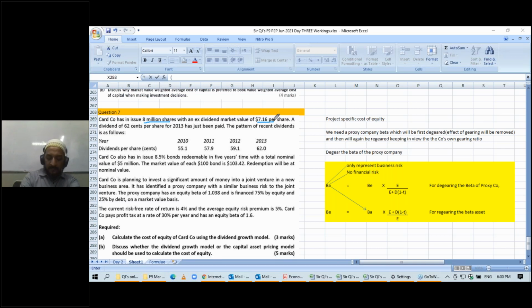So 8 multiplied by 7.16, and then the market value of each bond is 103.42, and the nominal value is 5 million, right?